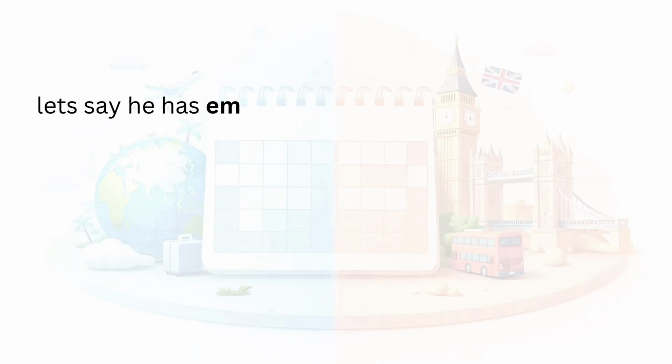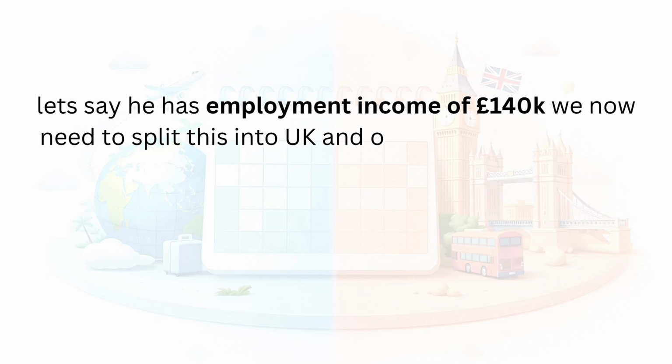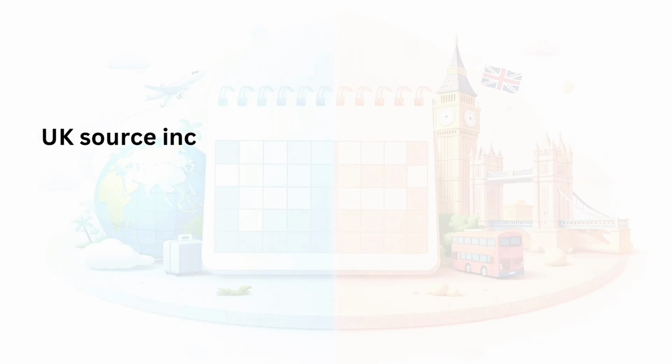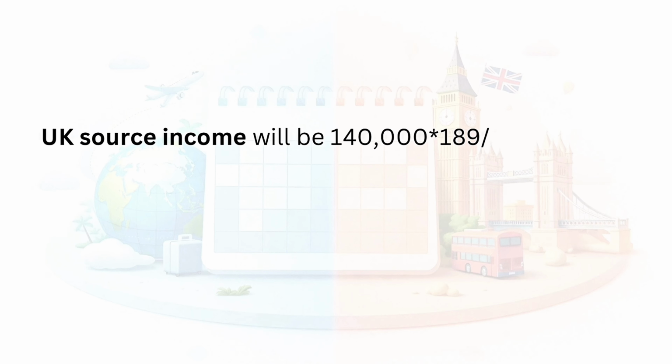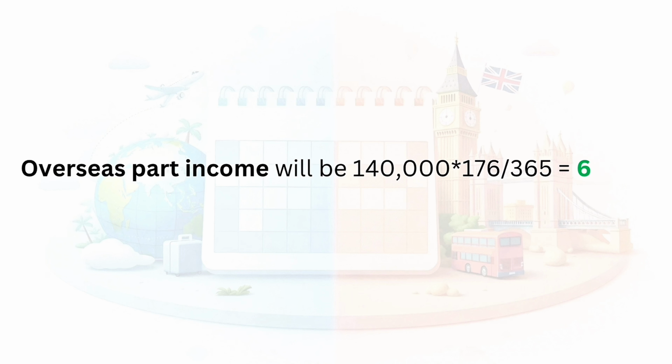Now let's say he has employment income of £140,000. We now need to split this into UK and overseas parts following the number of days. UK source income will be £140,000 multiplied by 189 days divided by 365 days, which is equal to £72,493, and overseas part income will be £140,000 multiplied by 176 days divided by 365 days, which is equal to £67,507.